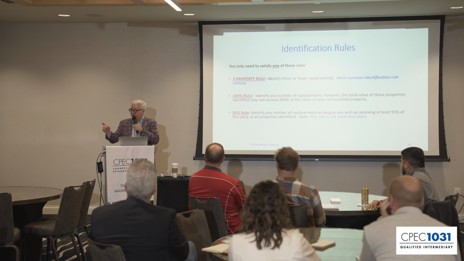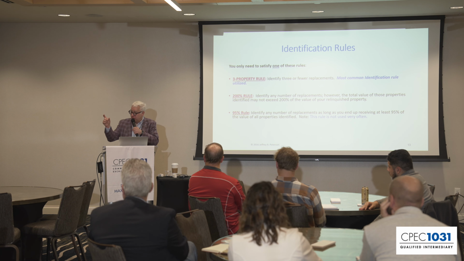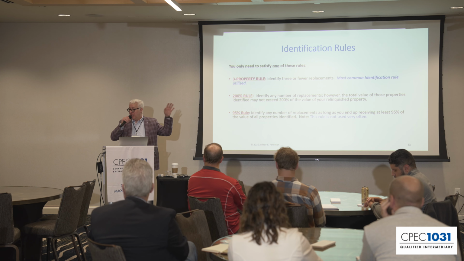So when I'm computing the value of my DST that I'm buying, I would say I'm buying a beneficial interest in such and such DST comprised of $100,000 of equity for a total purchase value of $200,000, and that's the number, the $200,000, that counts for the computing of the 200%. I've got to make sure that when I add any additional acquisitions or replacement properties to my identification list, it's not kicking me over my 200% ceiling, and I have to count the debt.